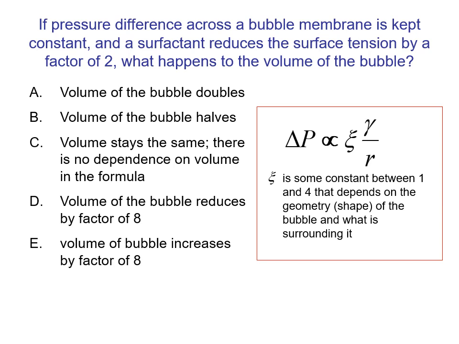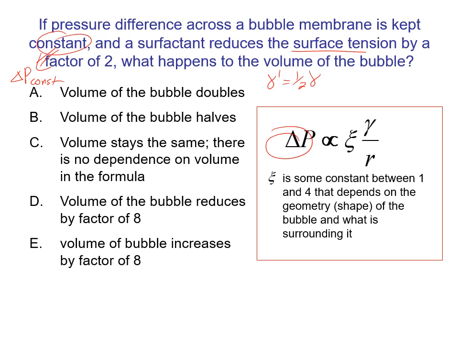The pressure difference across a bubble membrane is kept constant. So the change in pressure is constant. And it's telling us that a surfactant reduces the surface tension. So the surface tension afterwards is half of the surface tension before.